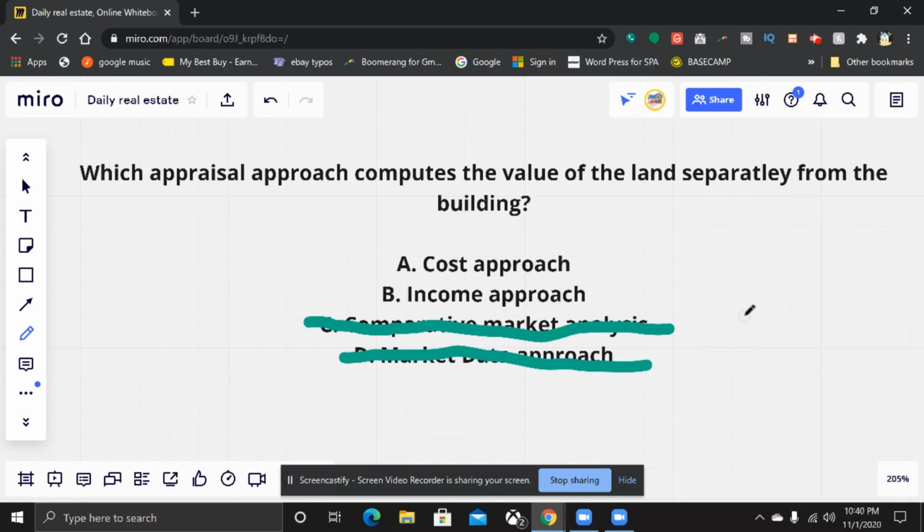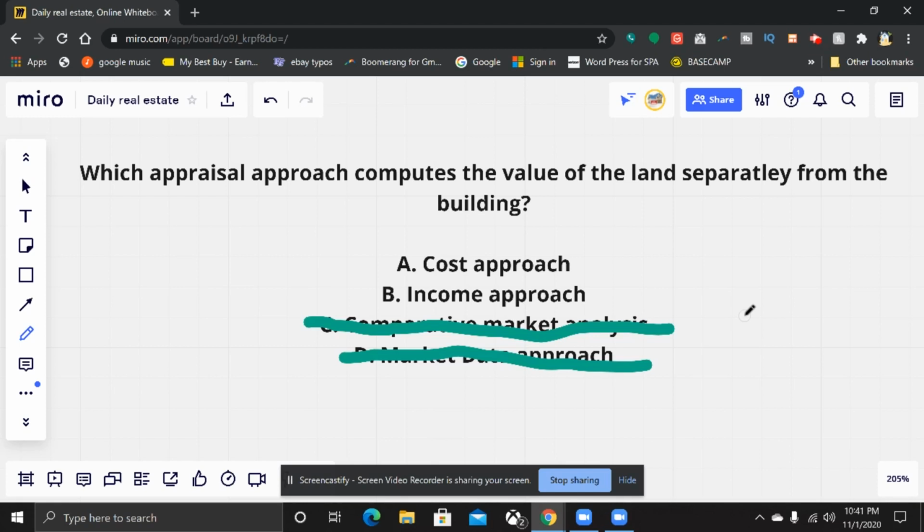The income approach is next. B. That is when you have an income producing property that does not have viable comparables. So what do I mean by that? If it's a residential home and you're renting it out so it has an income, we wouldn't be using the income approach. We would be using that at a time where there really is no market data that would be sufficient or applicable.